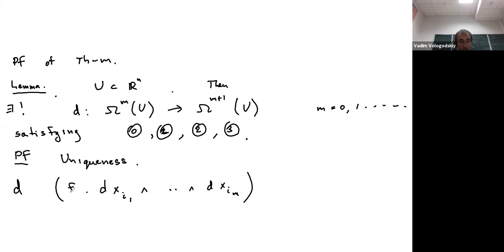We have the Leibniz formula for the product of two forms, and by induction we get a Leibniz formula for the product of any number of forms. And when you apply D to D of something, you get 0 by property 2. So that must be equal, by the Leibniz formula, to df wedge dxi1 wedge dxim, right? Again, this follows from the Leibniz formula.